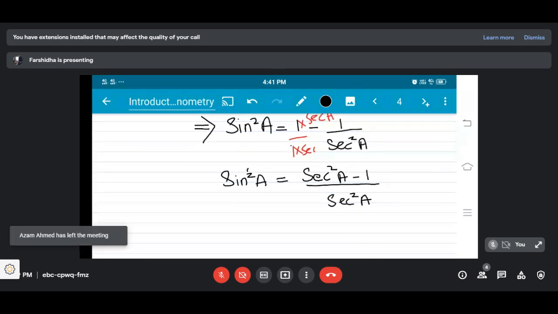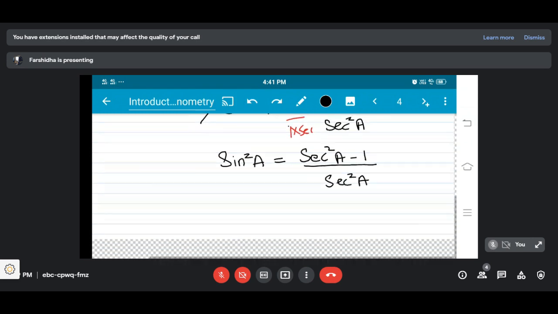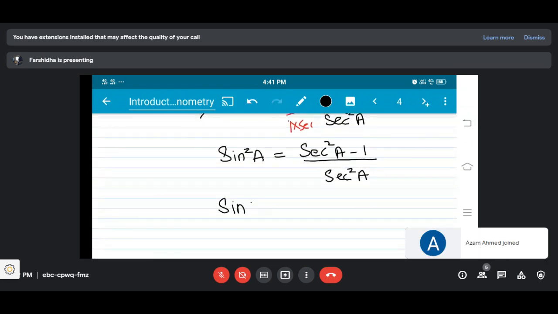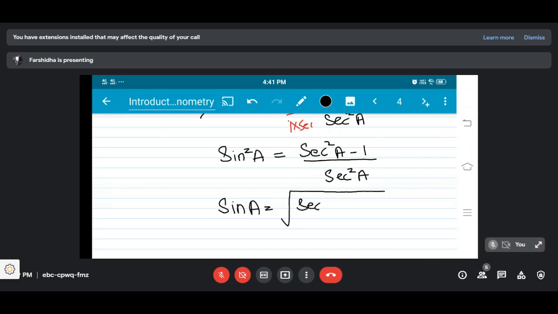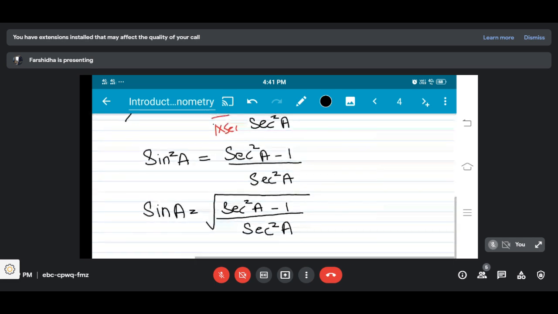So when I remove the square from sine, I need to put a root on the other side. So in the next step, I'm writing sine A is equal to root of sec square A minus 1 divided by sec square A. Now I'm giving root to both numerator and denominator.